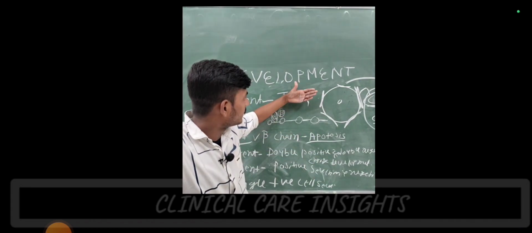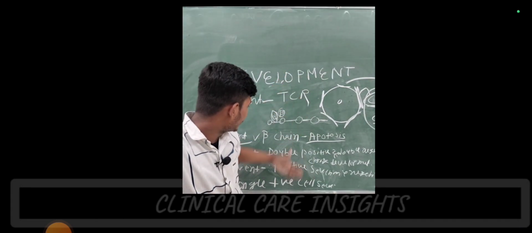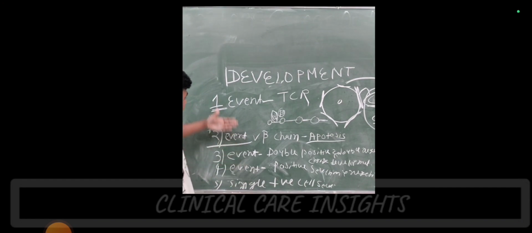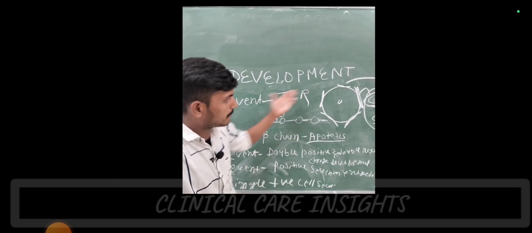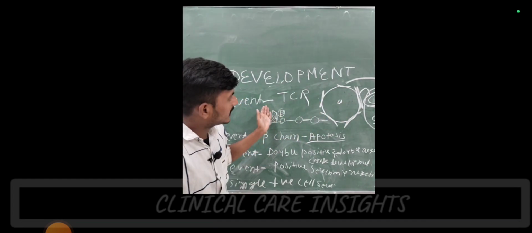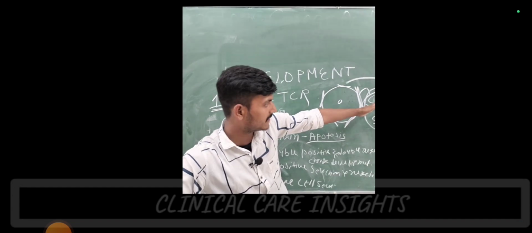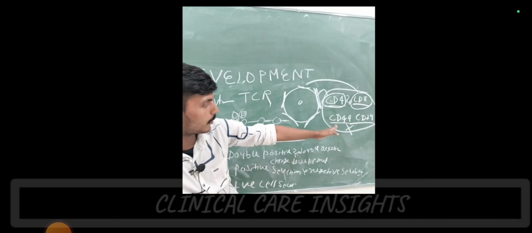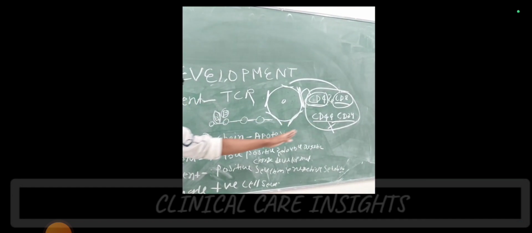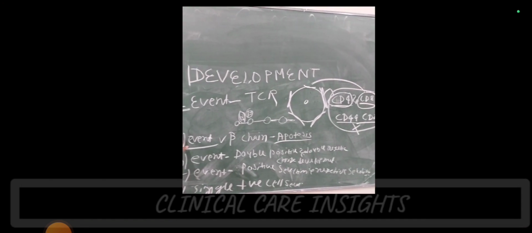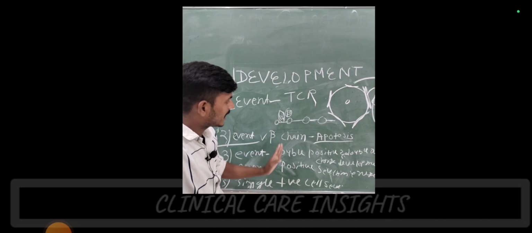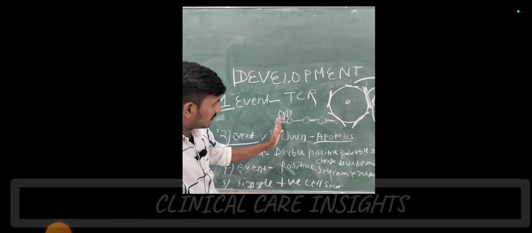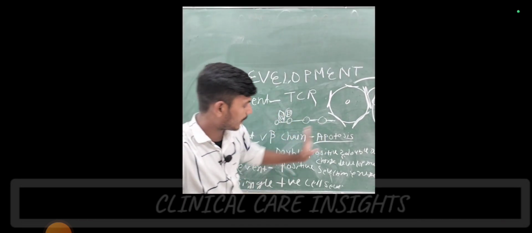That selection process we divided into events. There are 5 events. In the first event, there is the expression of the TCR receptor, and they form 4 types of cells: CD4 and CD8, CD44 and CD24. In the second event, there is a selection of the beta chain, so the alpha chain is eliminated by the process of apoptosis.